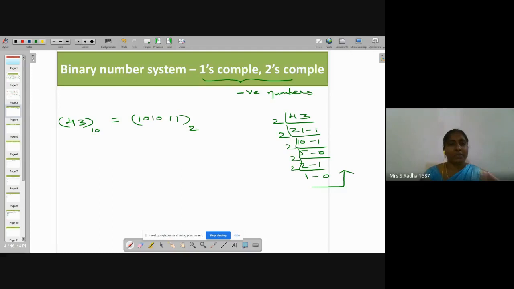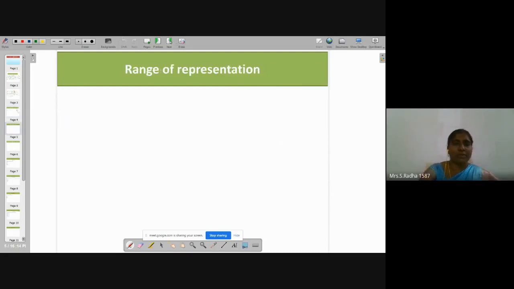As it is a positive number, the ones complement and twos complement will appear the same. I will come back to this a little later, and go to the next slide.